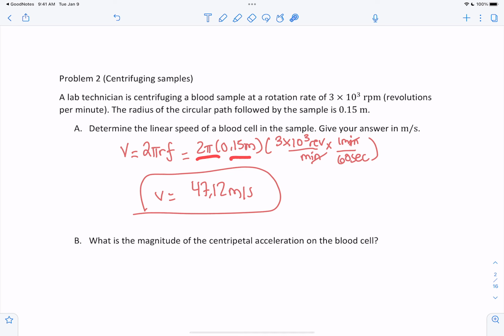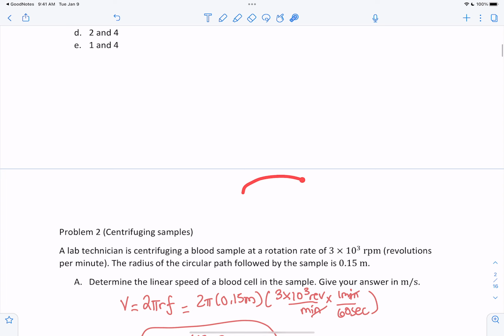So 2 pi r, that's our circumference, by the way. 2 pi r is our circumference, which is the total distance around the circle, around the perimeter of the circle. And so we want to check then the linear speed, right? I kind of think about speed as at some point in the circle, I'm traveling at 47 meters per second or something.